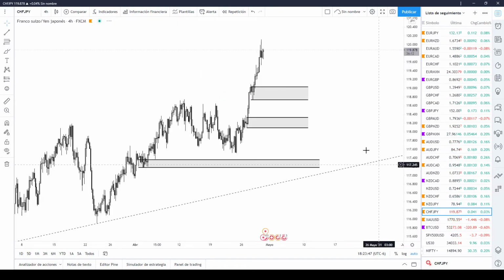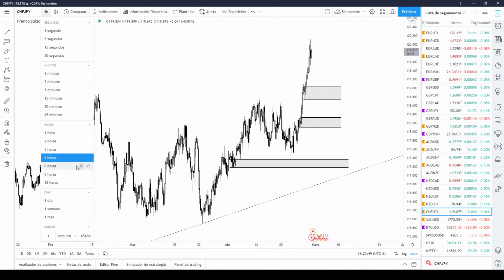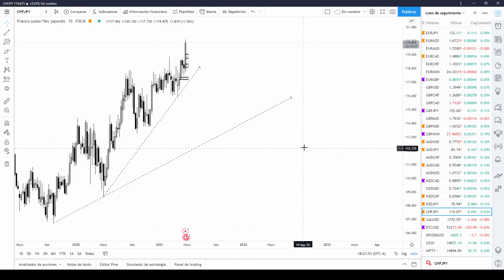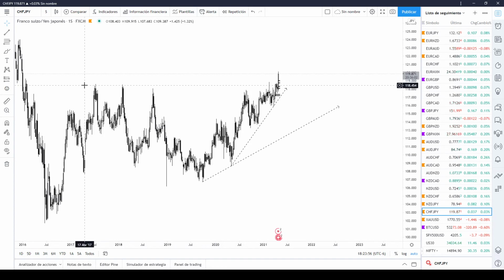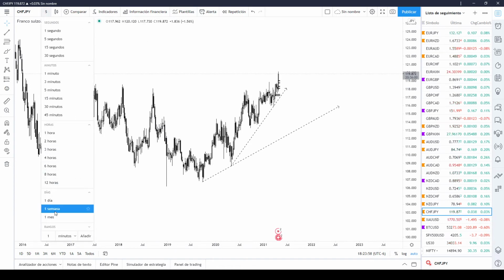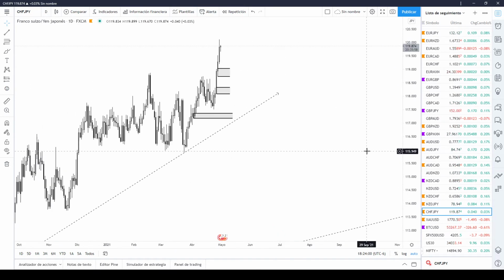The CHF JPY, this pair is completely bullish, as you can see. All supply zones or resistance levels got removed. And I have this CP level here.